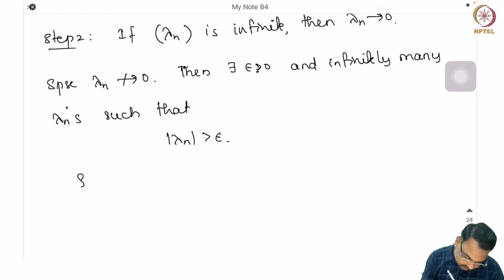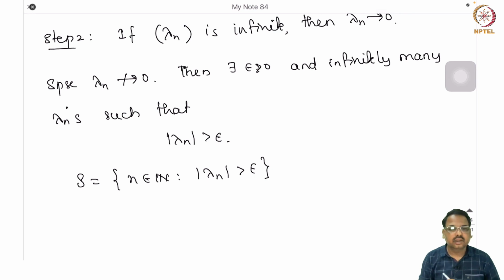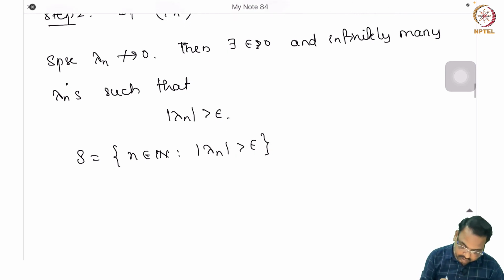Let us take a set S, the set of all n in N such that mod lambda n is bigger than epsilon. Then we can conclude that S is infinite.